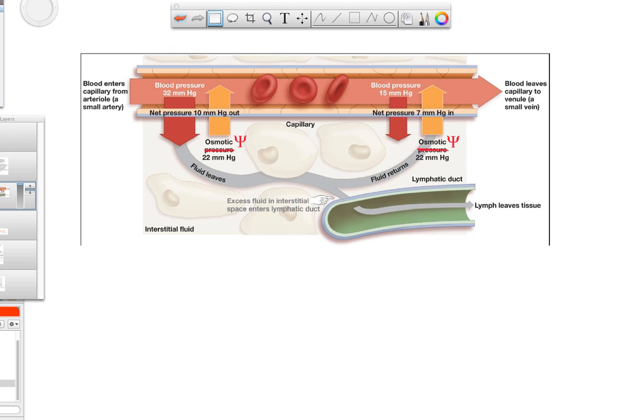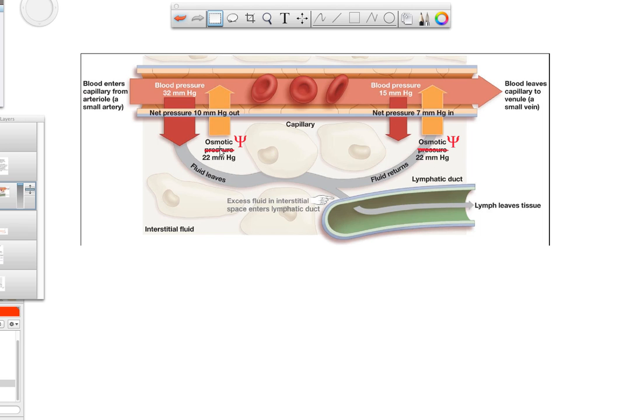So you'll notice that in this textbook diagram of the process, there are different pressures as you move from the artery or arteriole end of the capillary to the venous end of the capillary. So there's more pressure, bigger arrow, early than late, closer to the artery than closer to the vein.